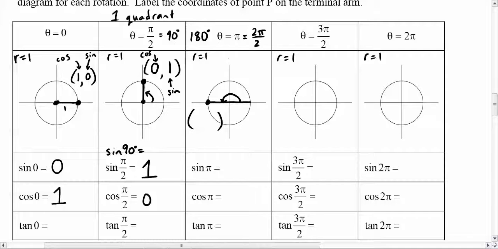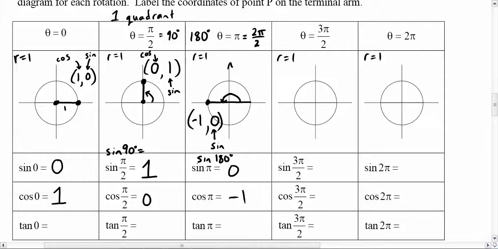I have a y-coordinate of 0. I'm not above the y-axis at all. And my x-coordinate is now on the left-hand side. My x-coordinate is negative. So sine of pi is the y part, 0. Cos of pi is negative 1. And that's the same as sine of 180 degrees and cosine of 180 degrees.